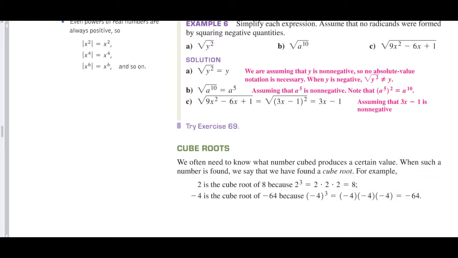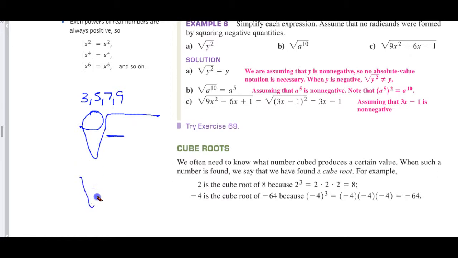So the general rule is, if you have an index number that is odd, that is 3, 5, 7, 9, and so forth, you are allowed to have a negative sign under the radical.